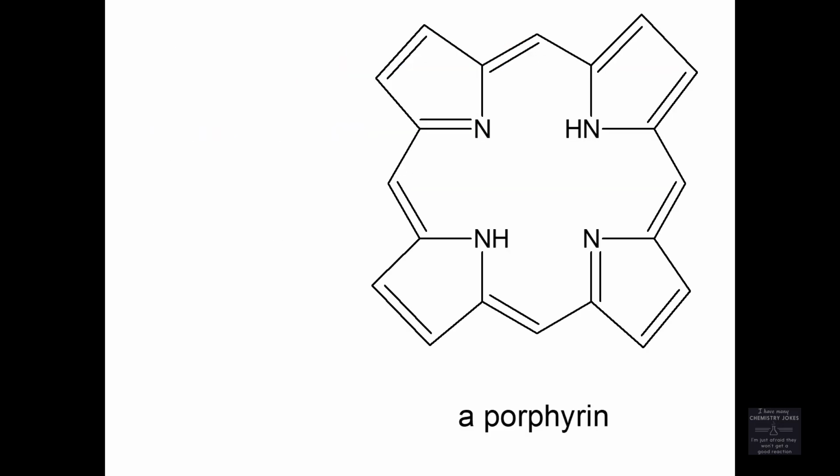Porphyrins are also important in biological, physiological systems. This is a porphyrin. A porphyrin has a ton of conjugated electrons, and because there are a ton of conjugated electrons, it would have a very large lambda max. Large lambda max. And what does a large lambda max really translate to?